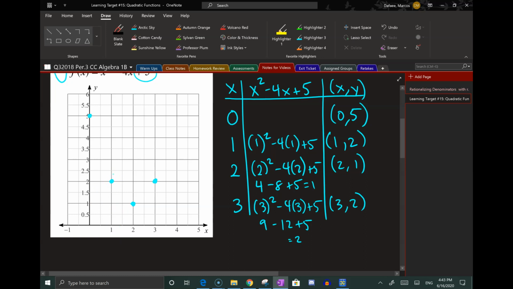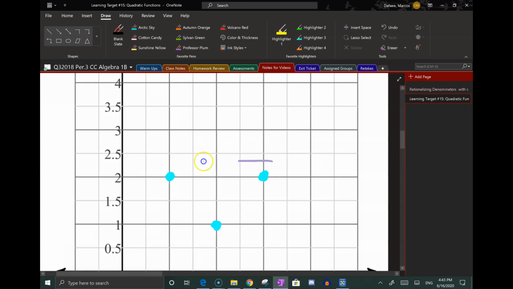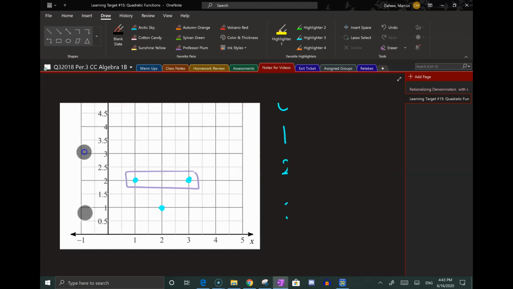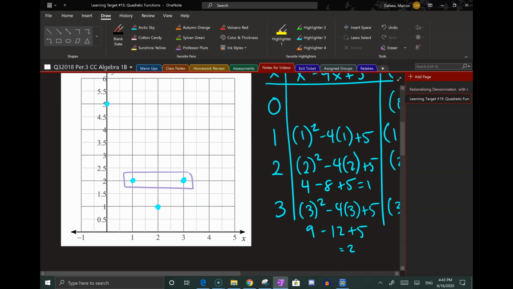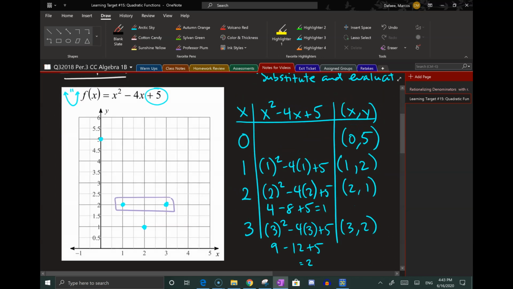And here's another trick, okay? As soon as you see, hey, I have 2 points that are on the same level with each other, then all you have to do is get the middle place between them, and you know exactly where this parabola is going to get cut in half. And in this case, we also know one more thing. We know where the vertex is.